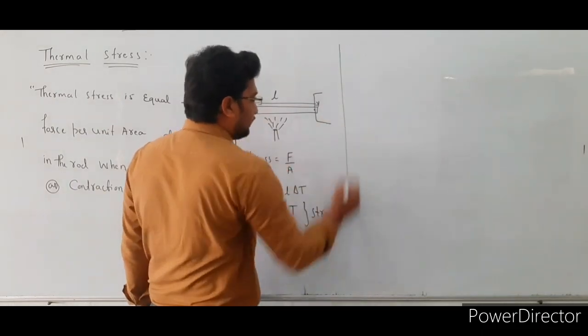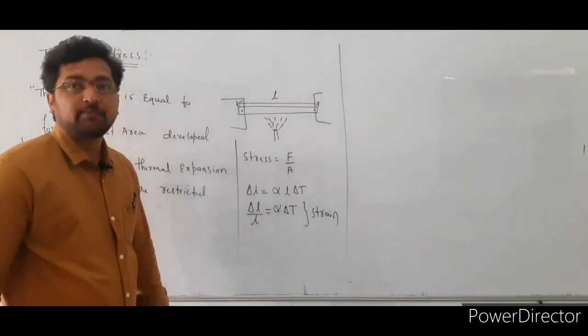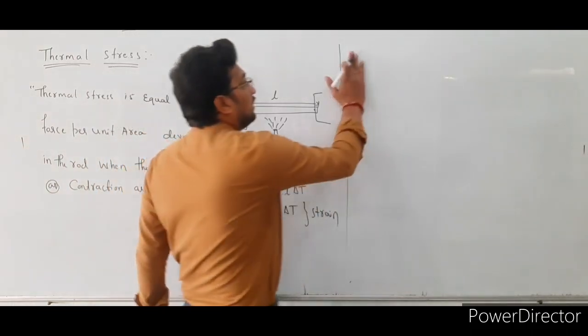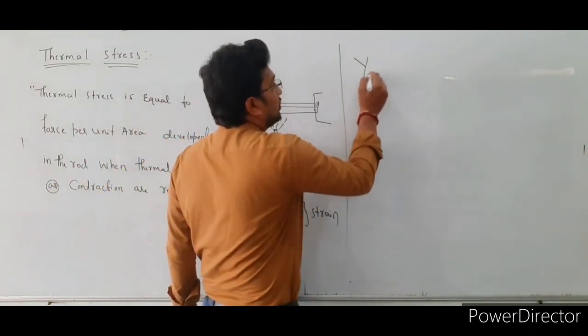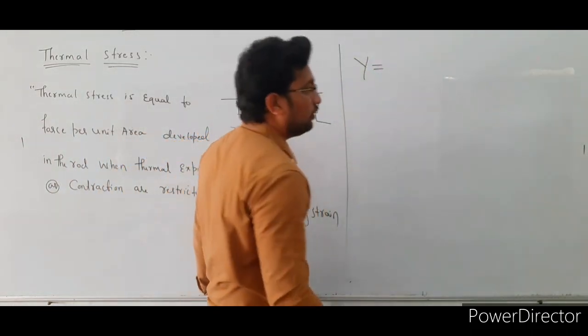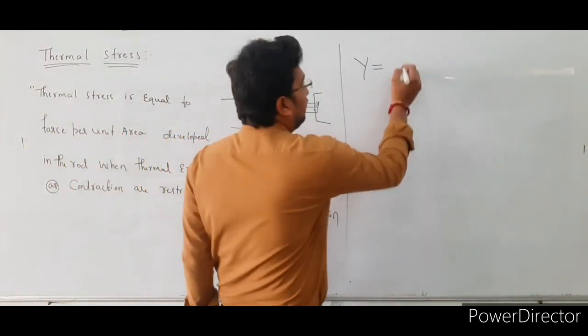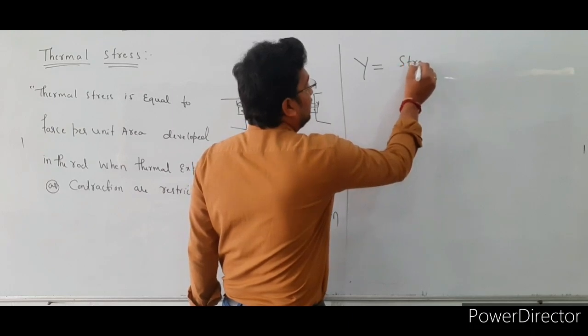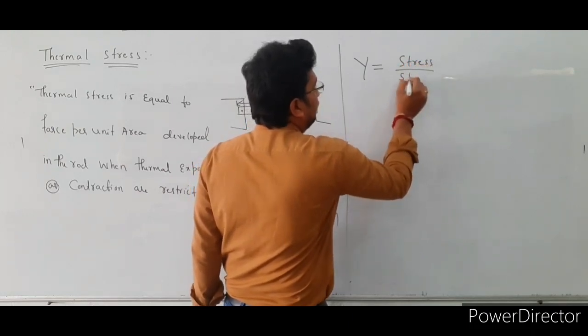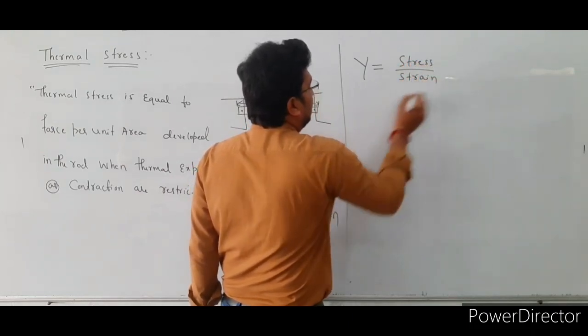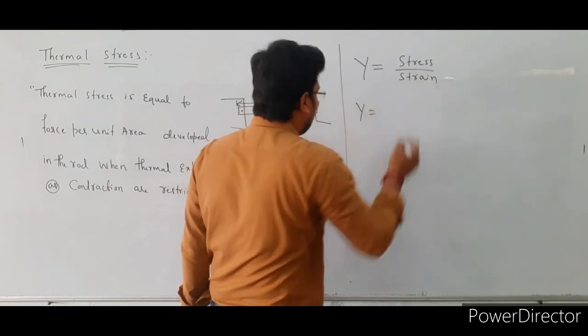Next, from the definition of Young's modulus of elasticity, denoted by Y, Y is equal to tensile stress by longitudinal strain. Simply we write that as stress divided by strain. What do we mean by stress here?